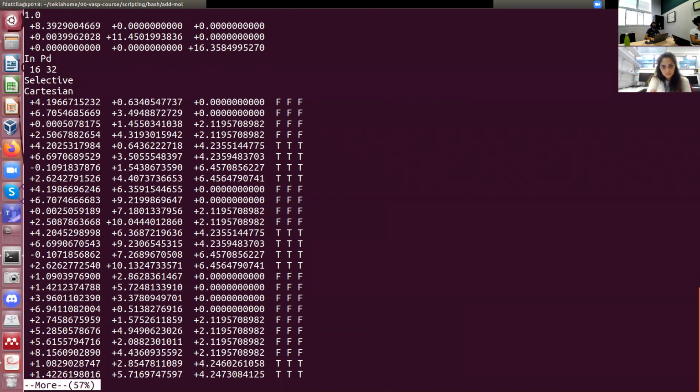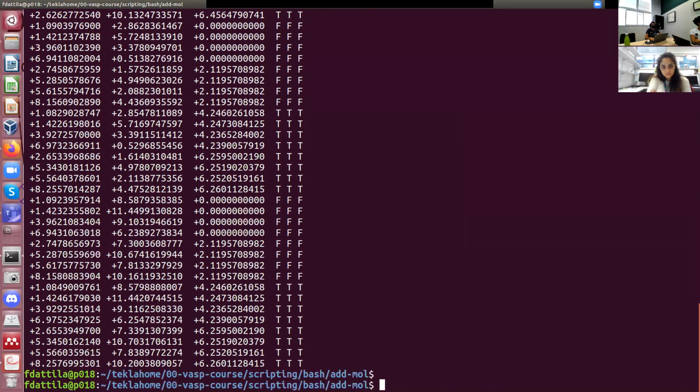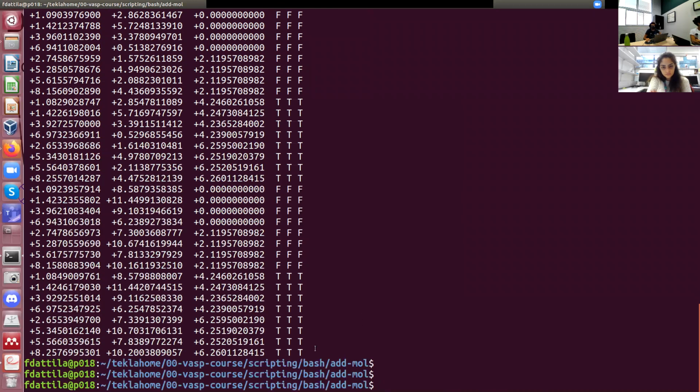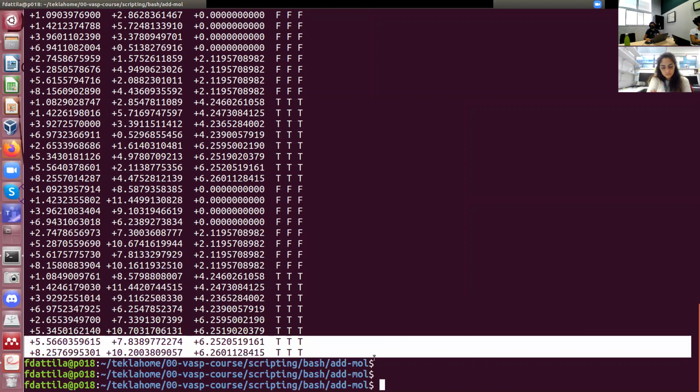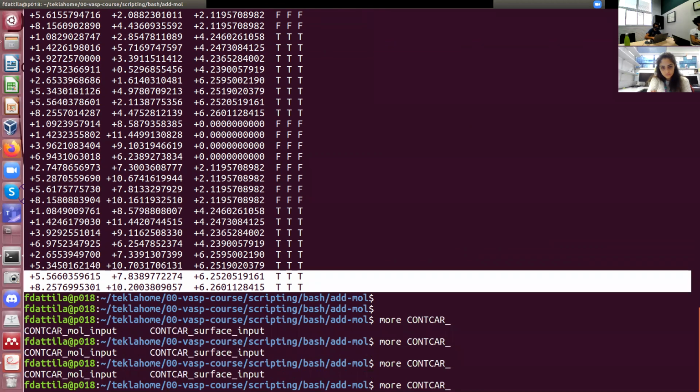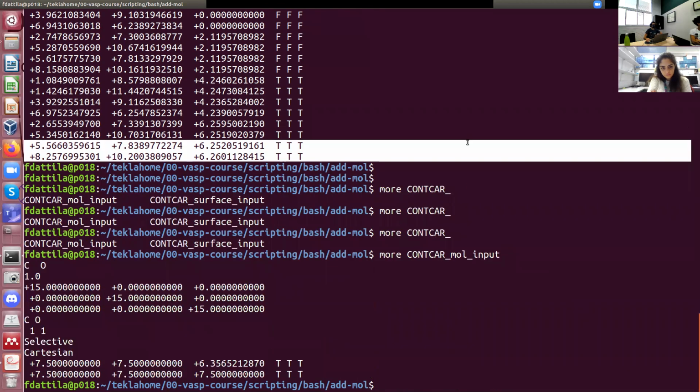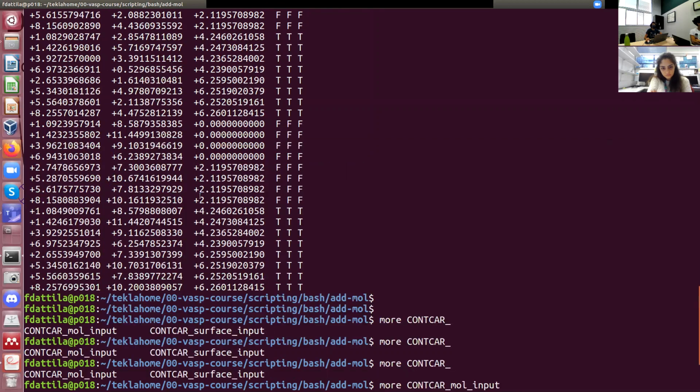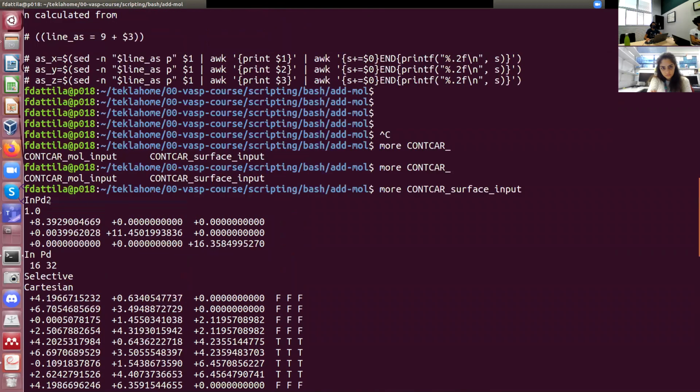And then you will need to append the coordinates of the CO at the end of the script. So you will need to add two lines with the coordinates of carbon and oxygen, okay? What is the problem? If you just do it in a very simple way, so now let's take the concar for your molecule, you need to find a way in the script to copy these two lines, C and O, and paste them here.